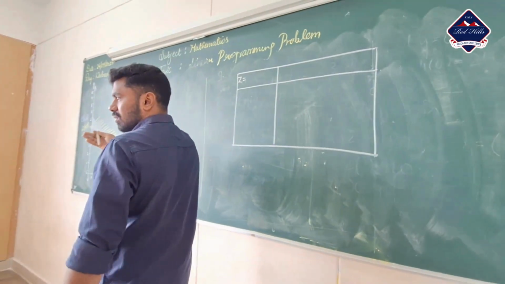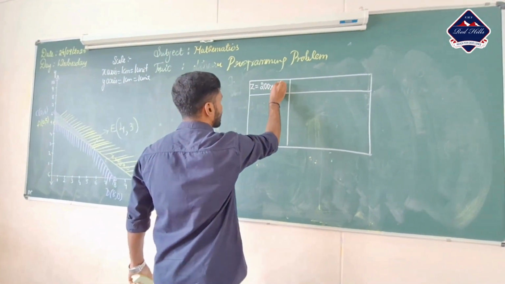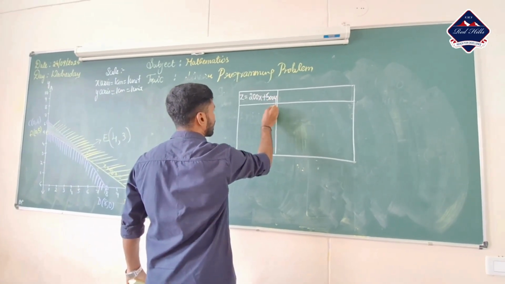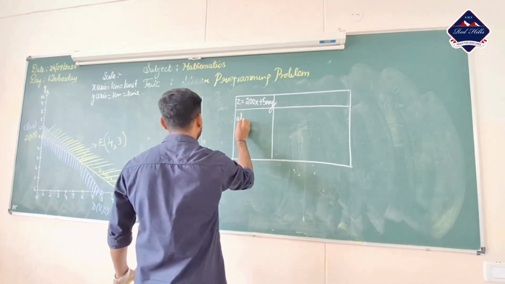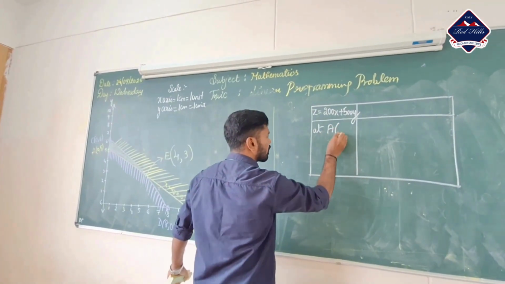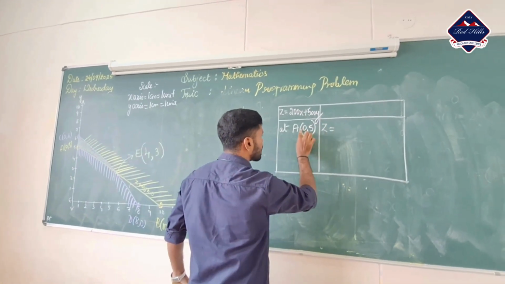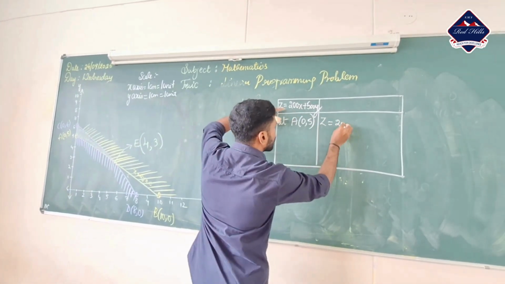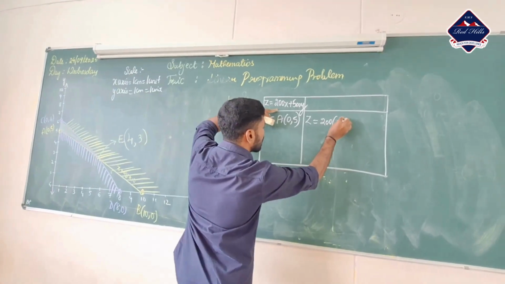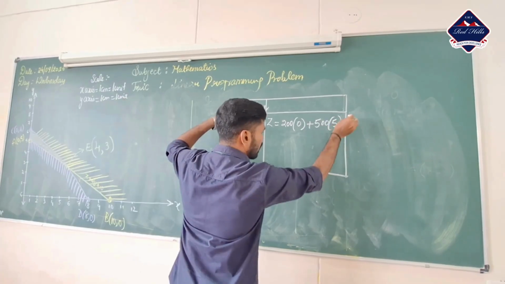Tell me. 200x plus 500y. Which is the first value we can take? At A (0, 5). At A (0, 5) means substitute in the objective function, children. 200 into 0 plus 500 into 5.